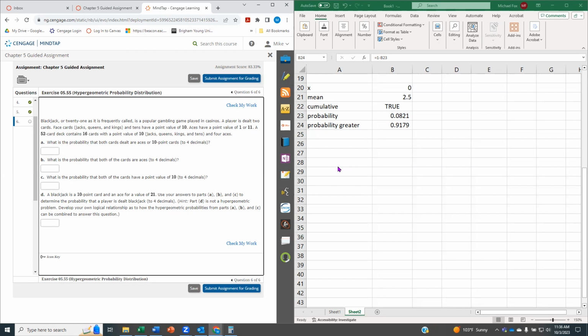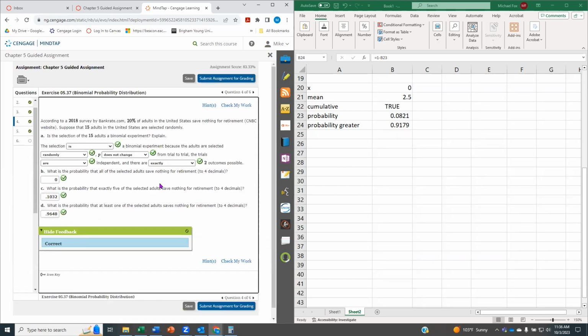Okay. So we're going to use a hypergeometric probability distribution where we are looking at the probability of successes compared to the probabilities in the population or the larger group. And in this case, if you remember up when we did binomial, we had this issue where we had the same percentage of likelihood in each trial.